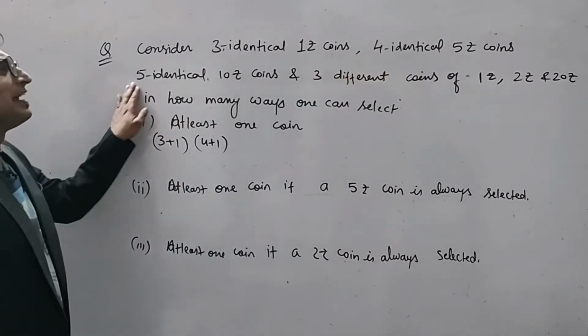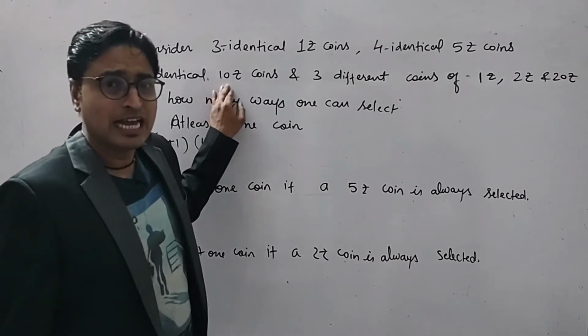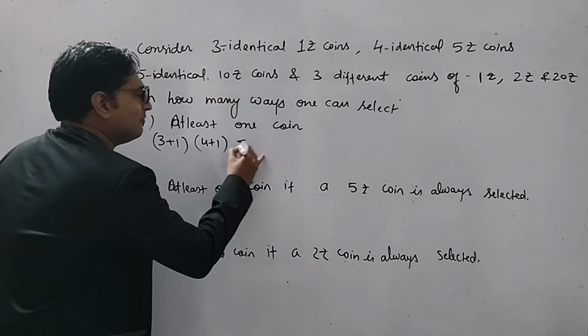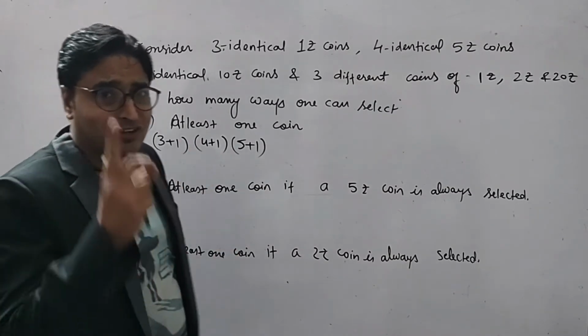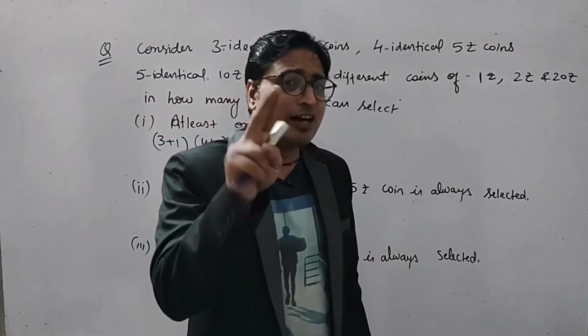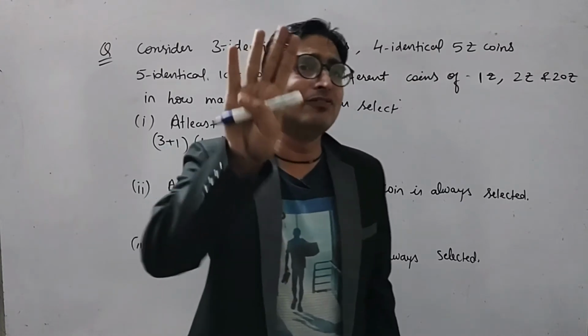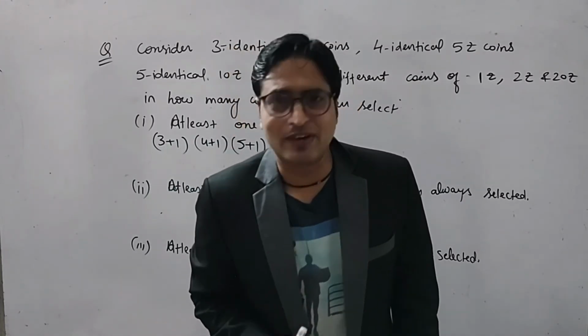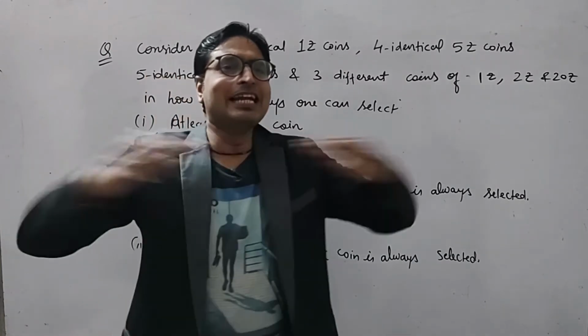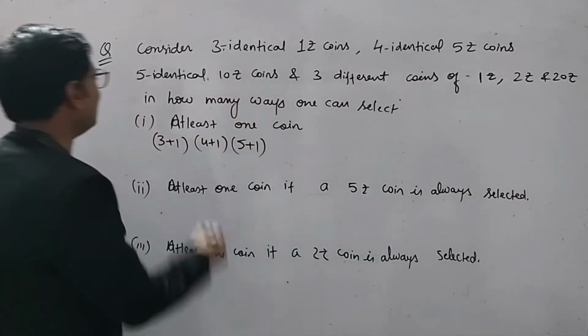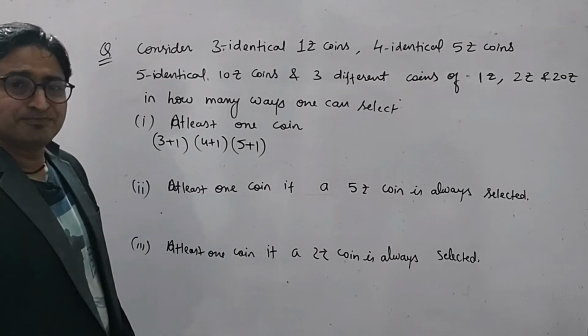Now for 5 identical 10 rupee coins, again 5 plus 1 conditions will be there. How? One for 1 coin, one for 2 coins, one for 3 coins, one for 4 coins, and one for 5 coins. And one way is to reject all the coins. So there will be a total of 5 plus 1 ways.